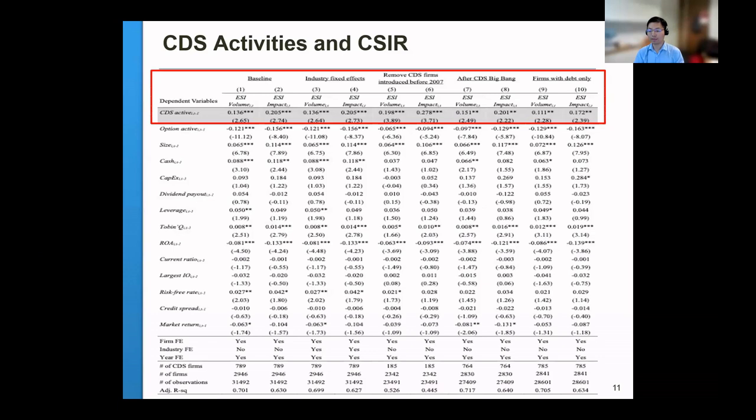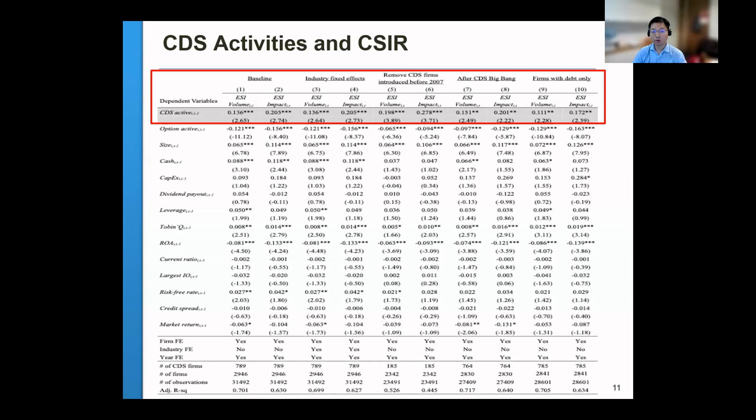Here are the key results and key findings in our paper. Basically, we find that there is a positive relationship with CDS active. CDS active is a dummy, an indicator equal to 1 after the introduction of CDS trading.